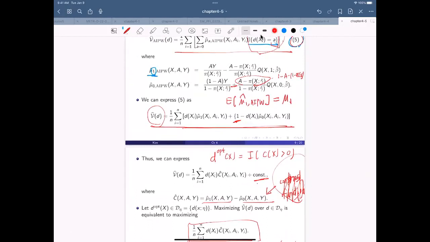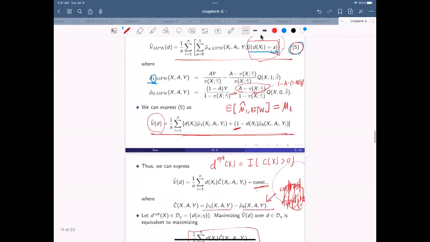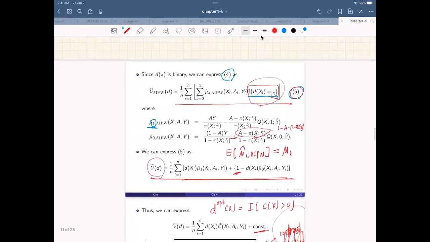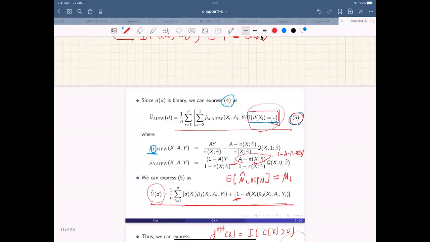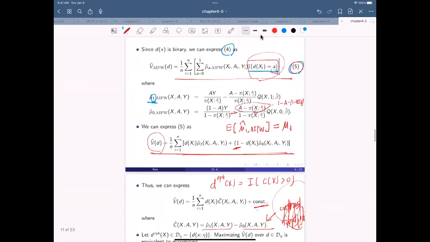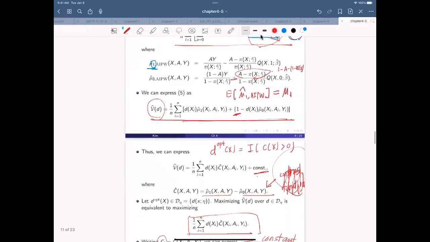But if you use an outcome model only to construct the value function, then we'll have only this one. Then it is really the contrast function. But once you involve this indicator, you mess it up, right? You have a function of A and Y, then it's not really true.